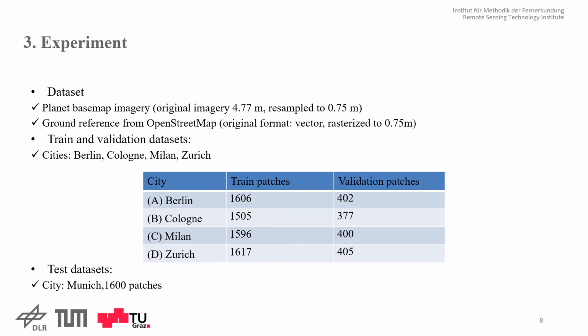In this research, PlanetScope satellite imagery with three bands, red, green, blue, at 4.77 meter spatial resolution is selected as the experimental dataset.